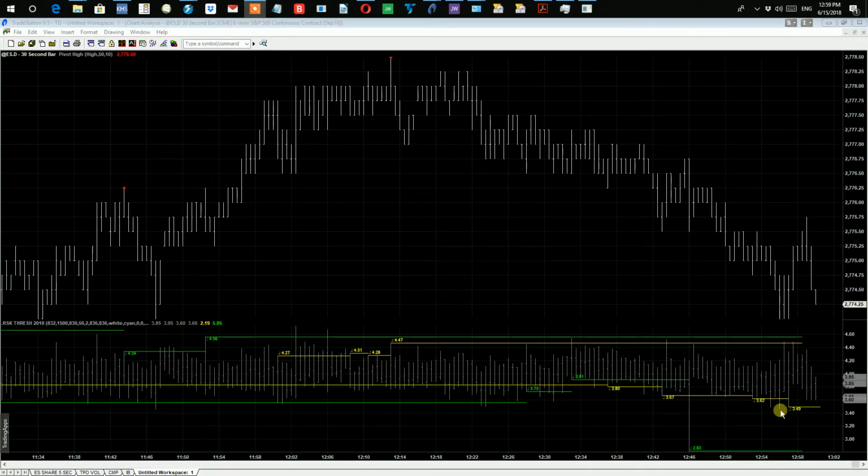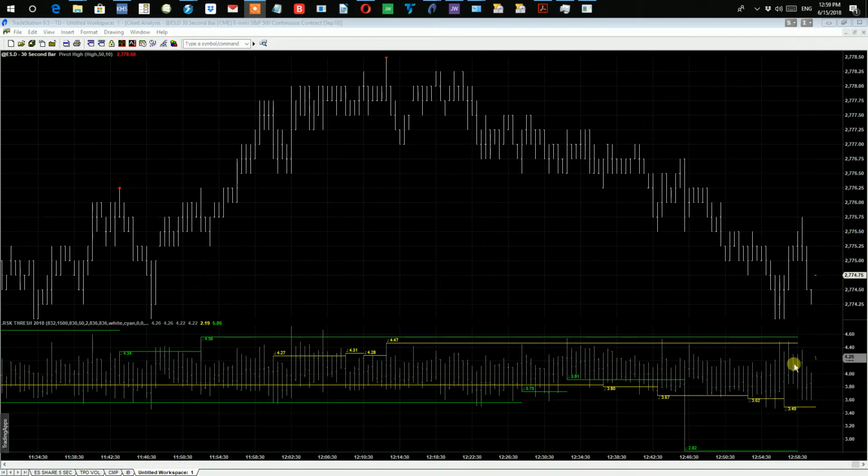Slightly higher than this bar, but overall we're still moving down, and we would expect this to continue to move down. And it will, let's just watch this here. We'll come back in a couple of minutes once we see what happens when this goes lower.